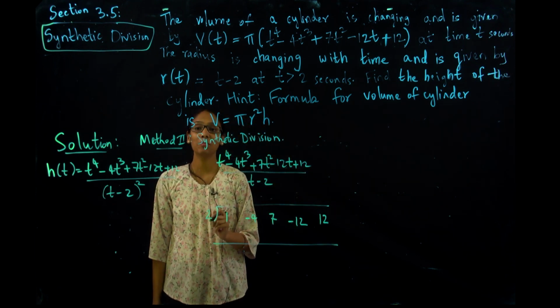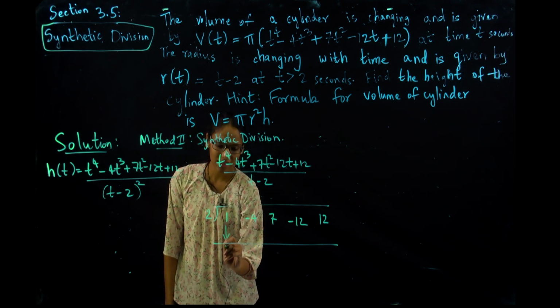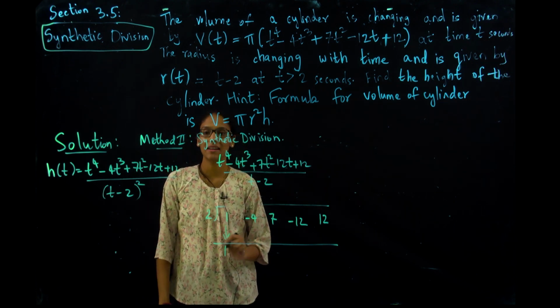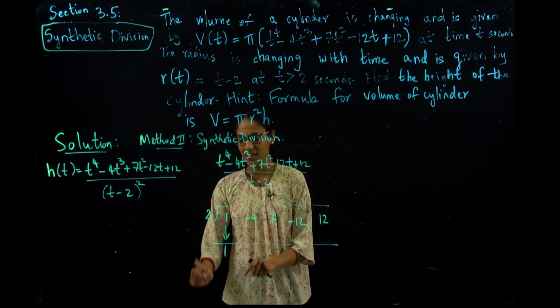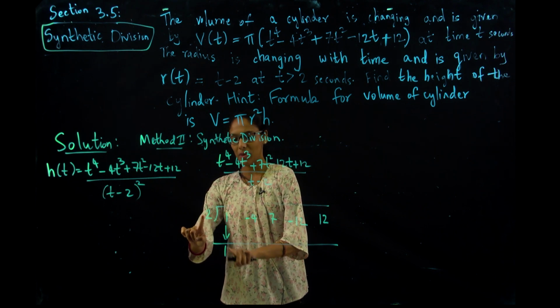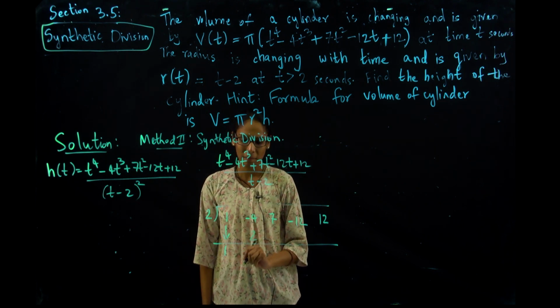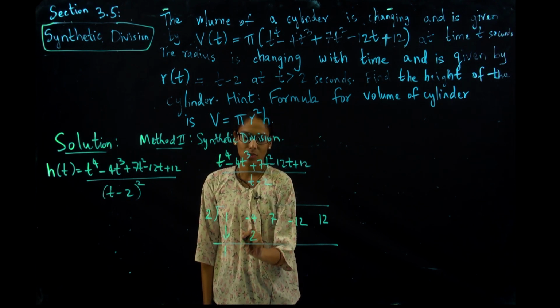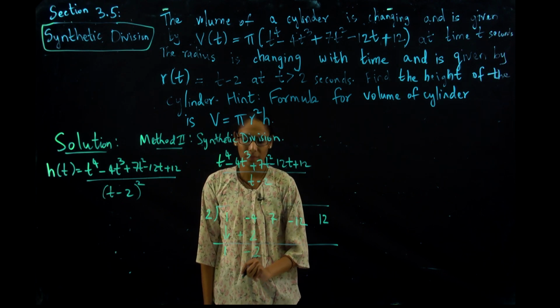And now we start the process. Step 1, this leading coefficient, bring it down here. Write that there as 1. Now we are going to do a repeated process. Multiply this with the number here. So 2 times 1, which is 2, and write that here. Now add these two together. Negative 4 plus 2 is negative 2.